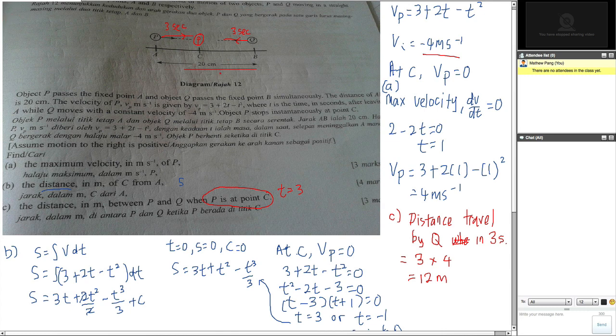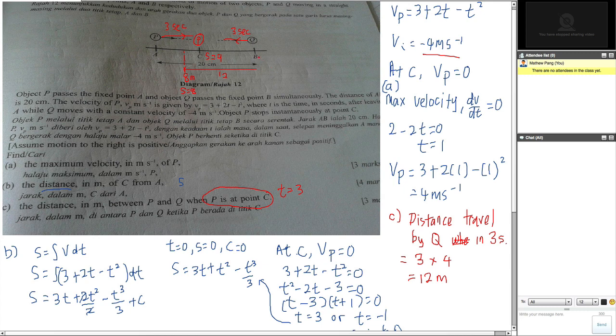So 12 meter here, that means he will stop here. So 20 minus 12, we know is 8 meter. This means he will stop at 8 here. This 8 means S equals 8. Just now, at C here, we know S equals 9. Correct or not? Because we already solved that at P here the displacement is 9.